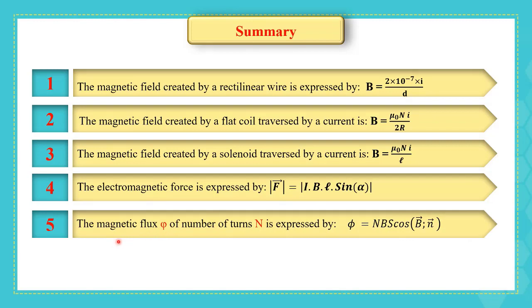And finally, the magnetic flux phi of number of turns N is expressed by flux equal N B S cosine the angle between B vector and n vector.